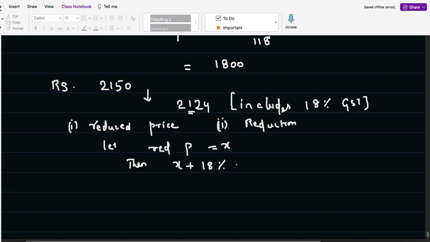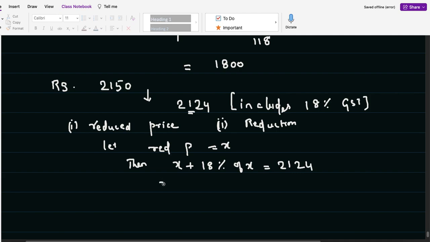So 18% of X, that is the GST, plus the price will give you how much? 2124, because he says that everything including GST is 2124. Got it? So what happens here? We are moving towards the same formula which is above.